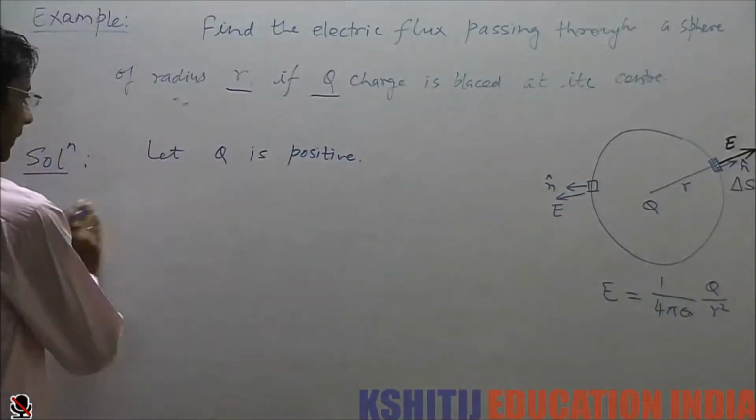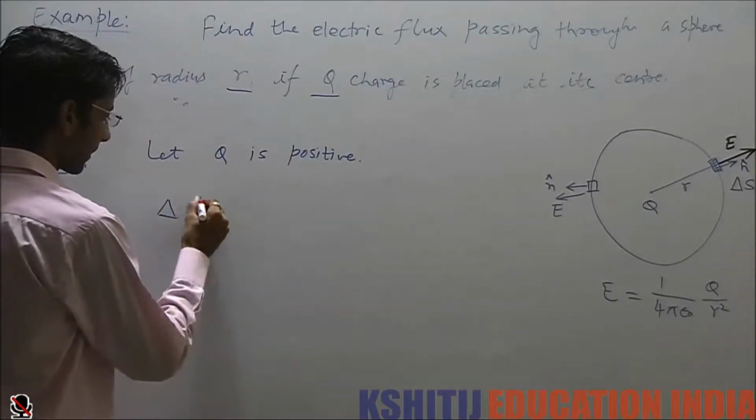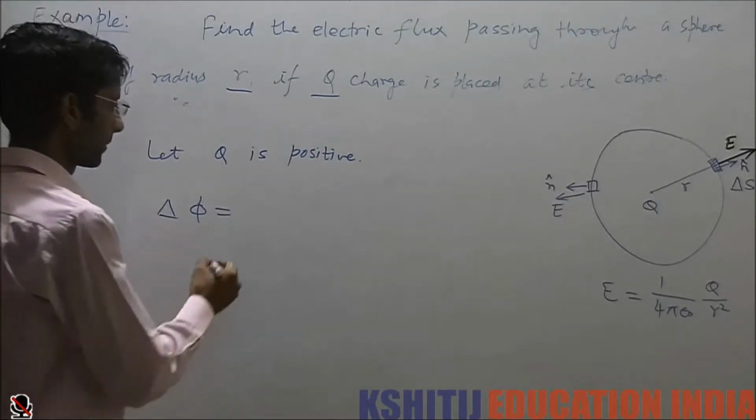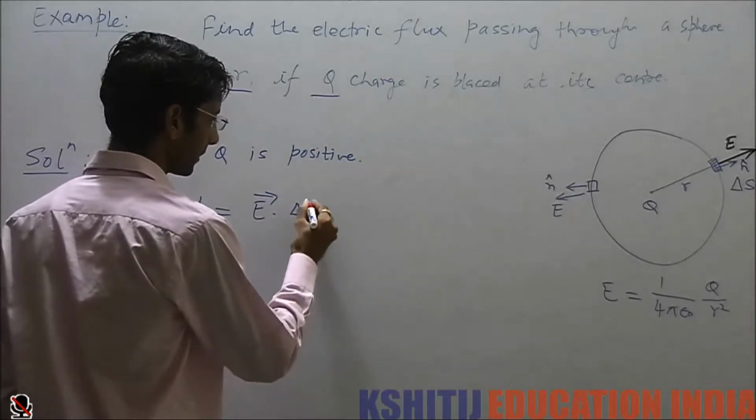So here we can write that for the differential location, the differential flux d phi passing can be written as E dot delta S.